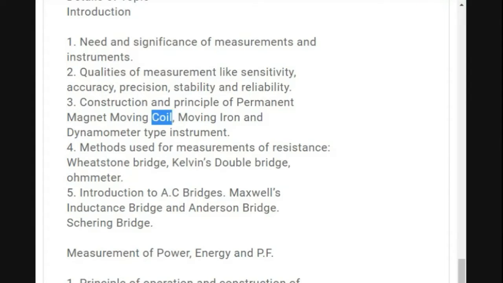This magnetic field is proportional to the unknown quantity, and if the unknown quantity is compared with this magnetic field, the torque produced on the pointer, or the spindle to which the pointer is attached, gives us the value of that unknown quantity with our calibrated scale.